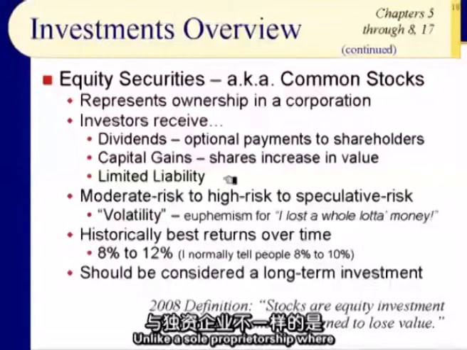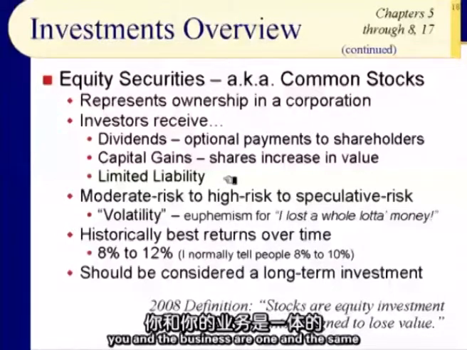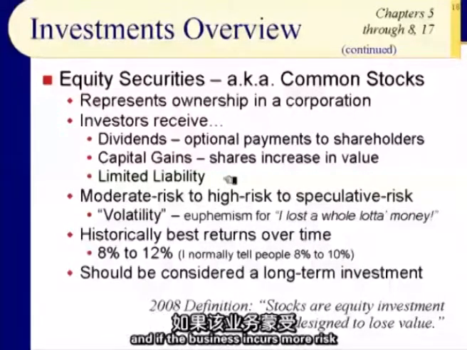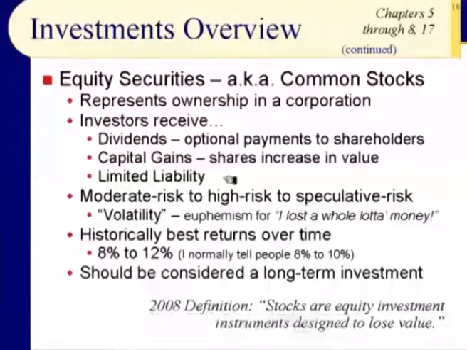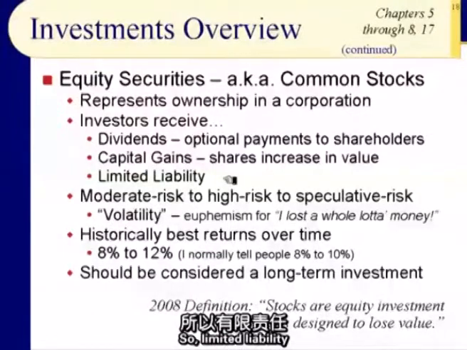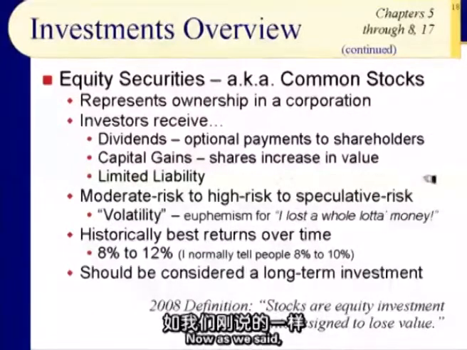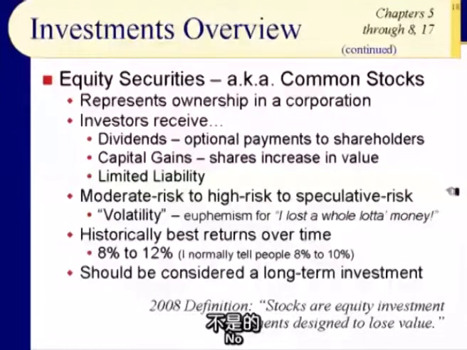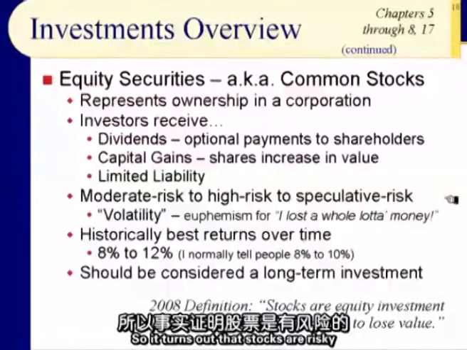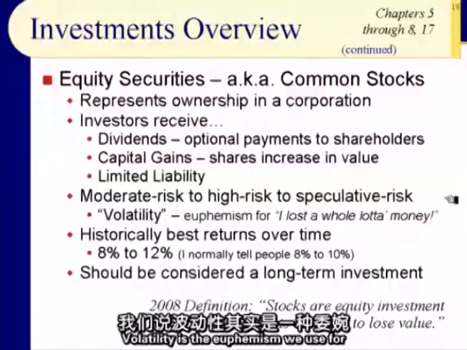Unlike a sole proprietorship where you and the business are one and the same, and if the business incurs more risk than what it's worth, they're going to come after you. So, limited liability. Now, as we said, are dividends or capital gains guaranteed? No. So it turns out that stocks are risky.